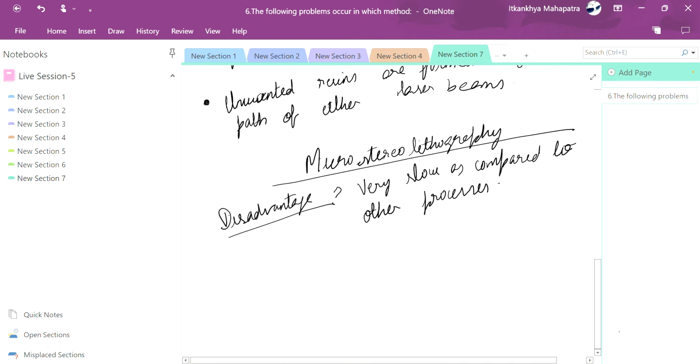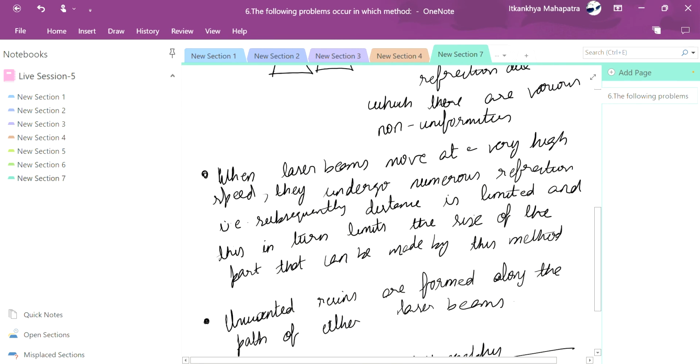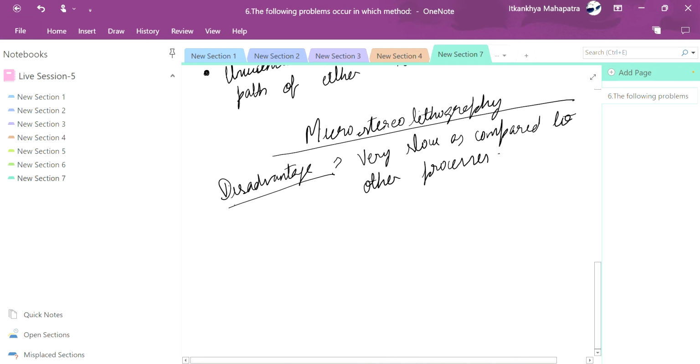So here we are majorly discussing the disadvantages of the processes. Now SGC, we already discussed its limitations: a large amount of wax is produced, right? And these are the disadvantages for the two laser beam photo process, and for microstereolithography the major disadvantage is that it is very slow compared to other processes.